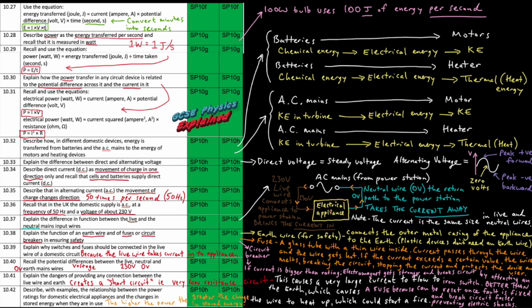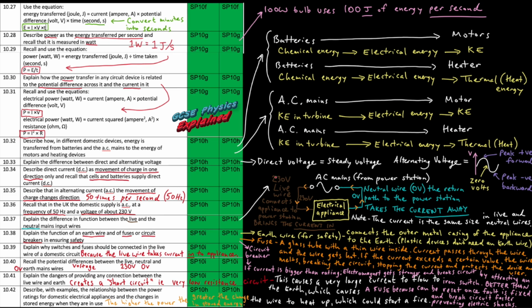If you want to be posh about it, you can say the live wire connects the appliance to the power station, but I'll just prefer to say it brings the current in, and you can say the neutral wire is the return path to the power station, but I just like to say it takes the current away. You'll still get the marks for that.